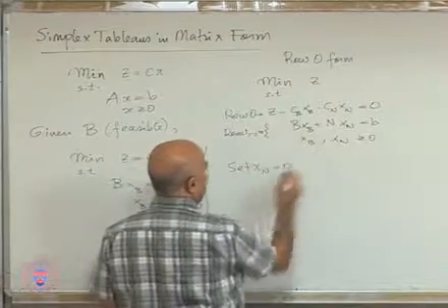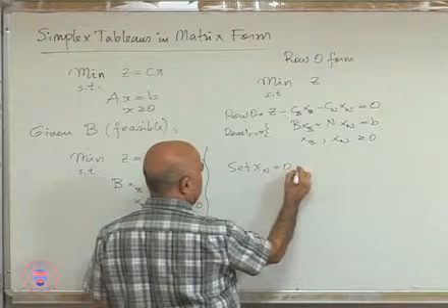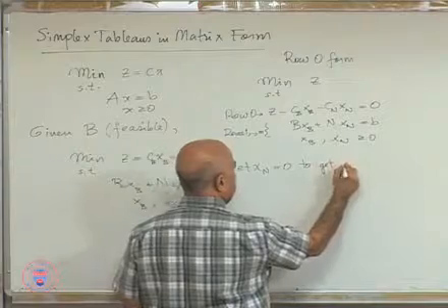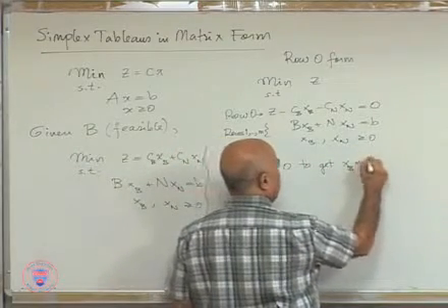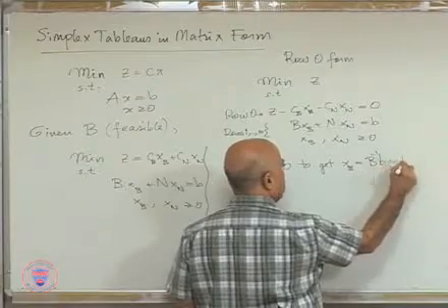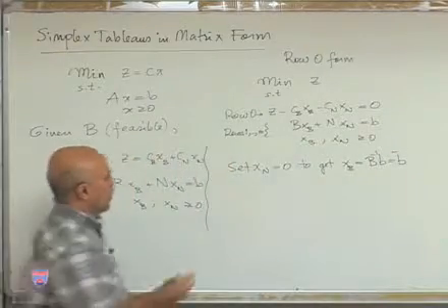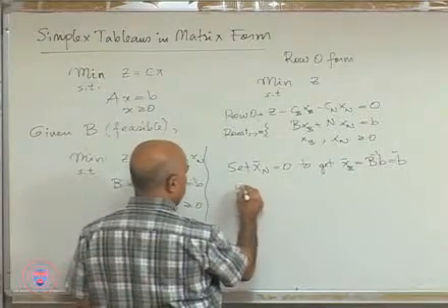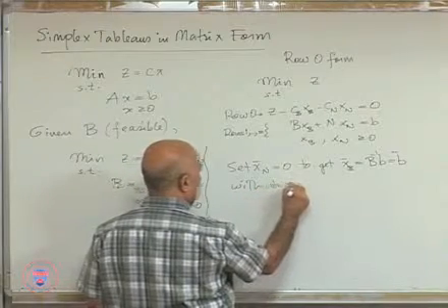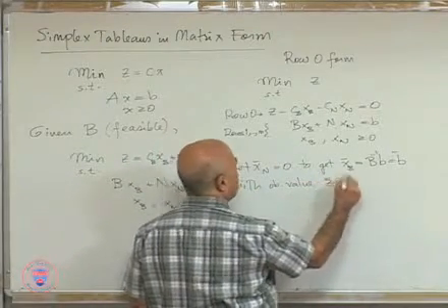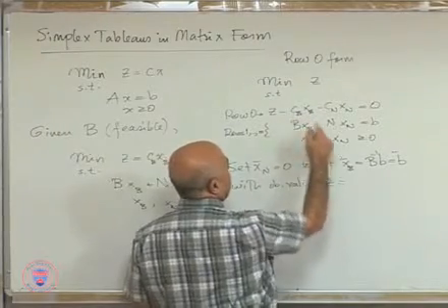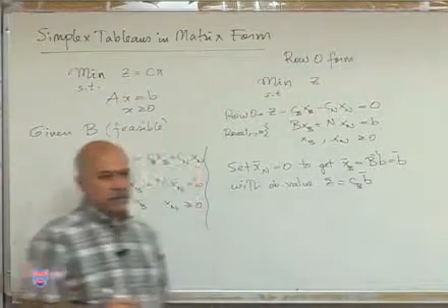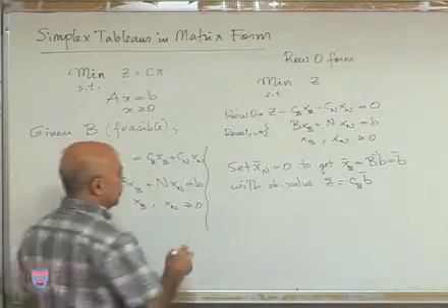Then pre-multiply the whole, to get the new current solution, which gives you x_B equals B inverse b, which we called b bar. Okay, that was the current solution, which I marked with a bar, with objective value z bar defined by C_B x_B, which is C_B times b bar. Okay? All right, that's the current solution.